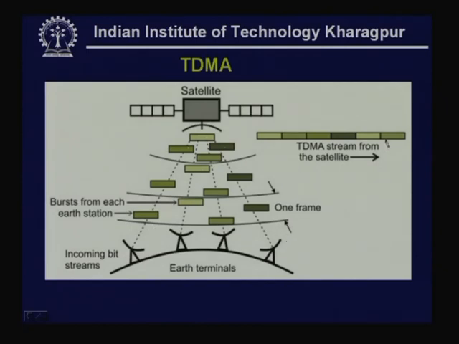You can see it is following the same order, first this one, then this one, then this one, and this is repeated one after the other. So, this is how TDMA works.